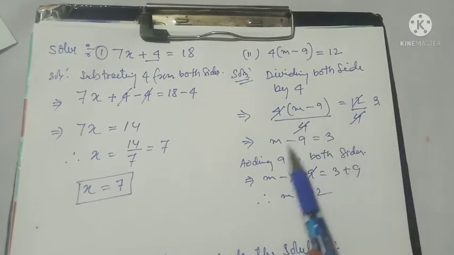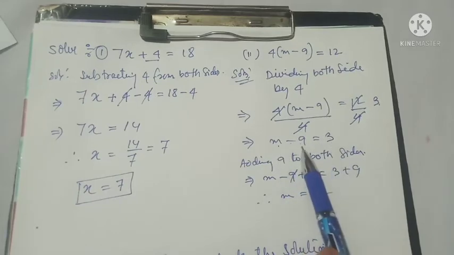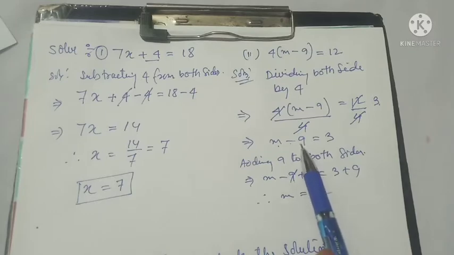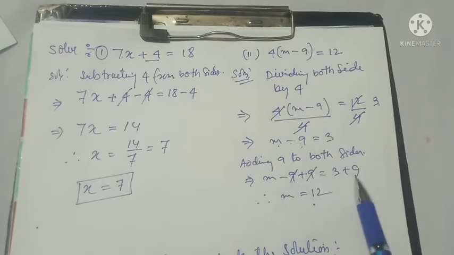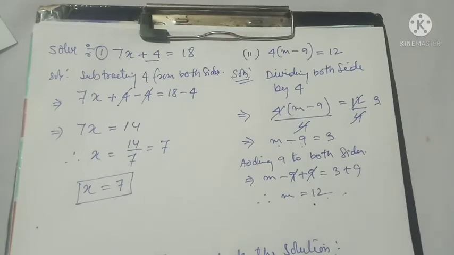If you divide, the answer comes m minus 9 equal to 3. Again, you want to eliminate minus 9, so what we have to do is add plus 9 to eliminate this minus 9. So we eliminate these things and then we add this thing. The answer we get is m equal to 12.